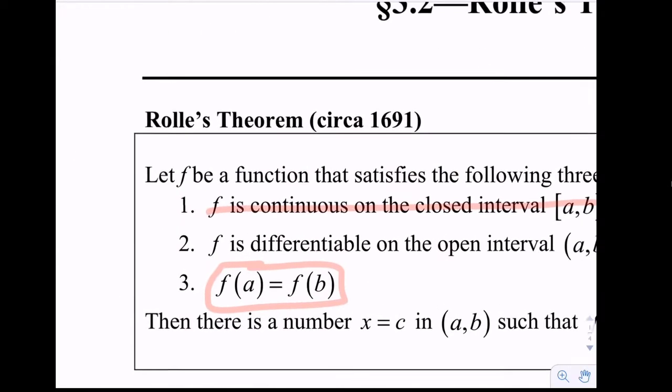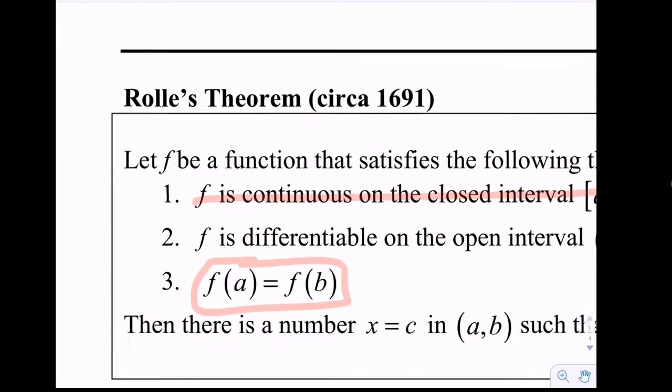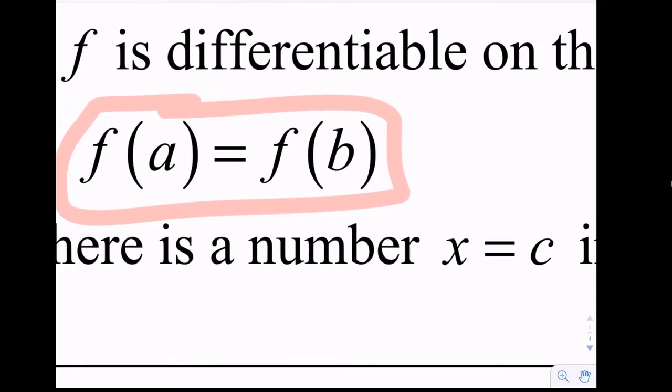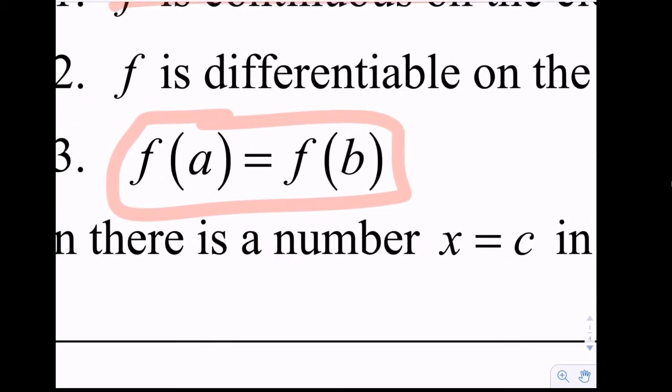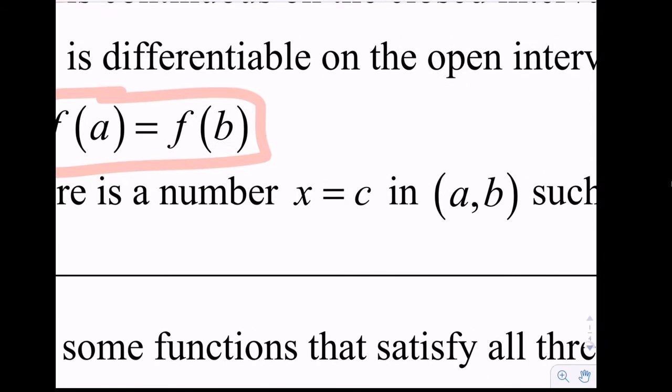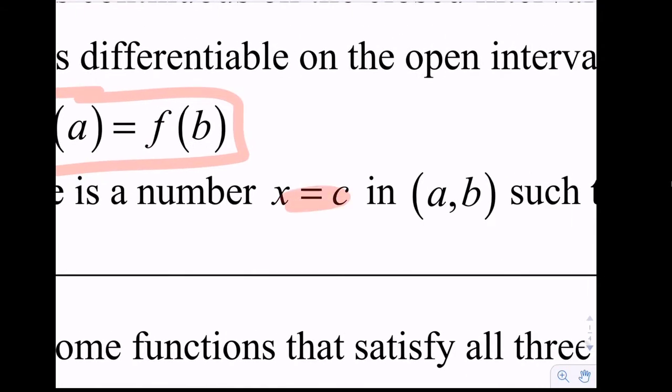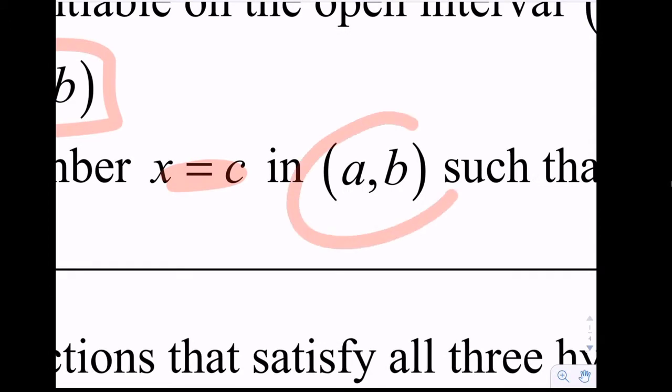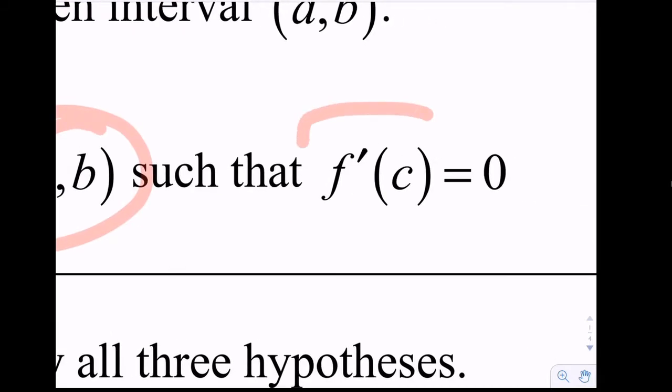But if you have a function that's continuous on the closed and it's differentiable on the open and the Y values of the endpoints are the same, then here's what Rolle said is guaranteed to happen. There's going to be an X value on the open interval. That's muy importante, as he might not have said, such that the derivative there is 0.